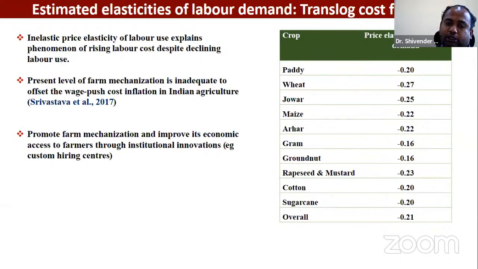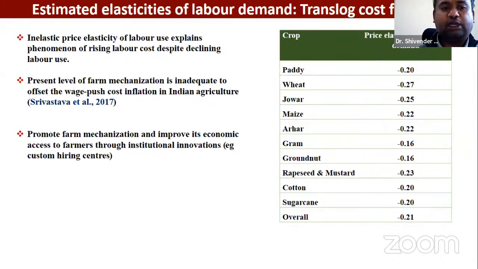Okay, so it is the inelastic demand of labor, or inelastic price elasticity, which explains why, despite the decrease in labor use, there is an increase in the labor cost. It is primarily because of the inelastic demand of labor.